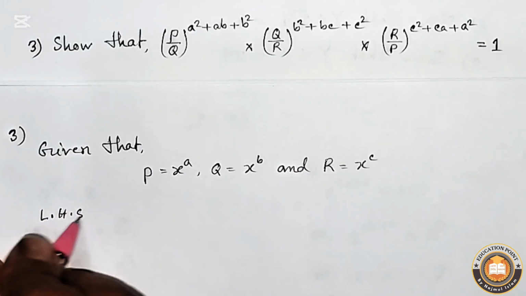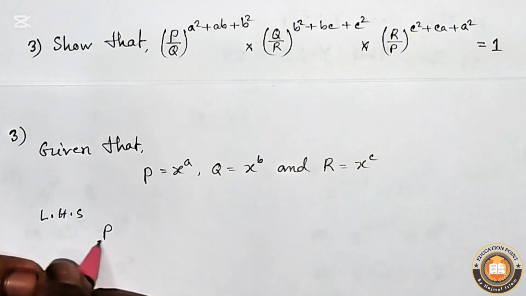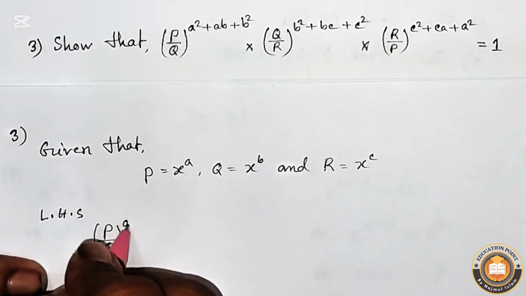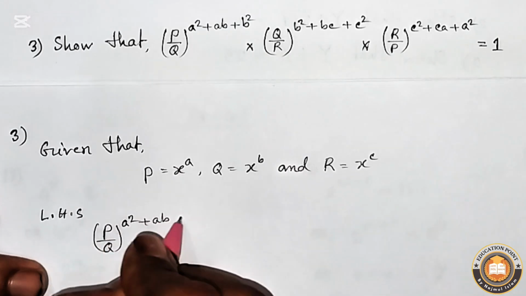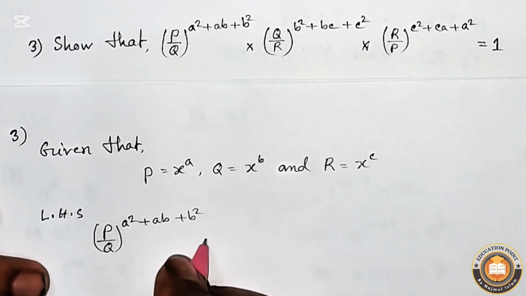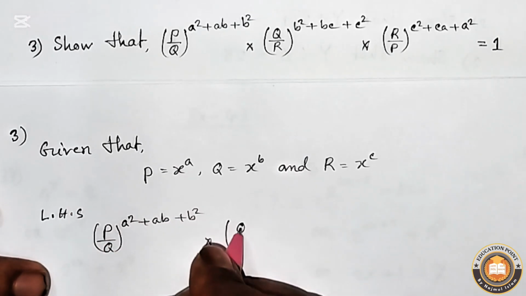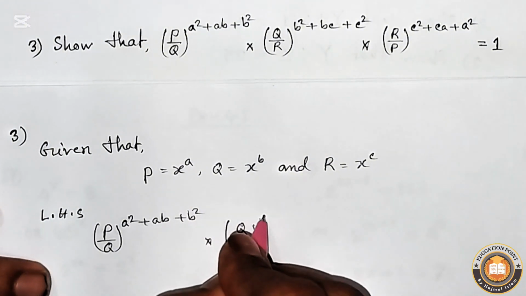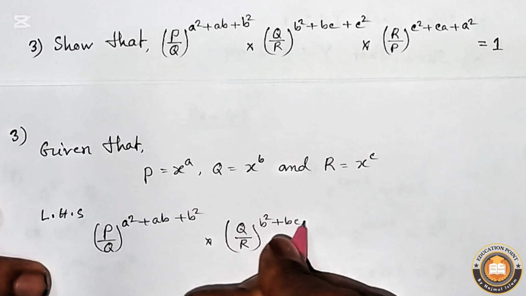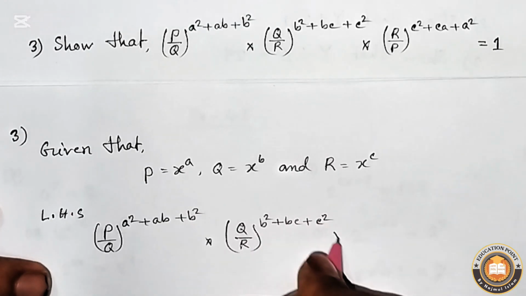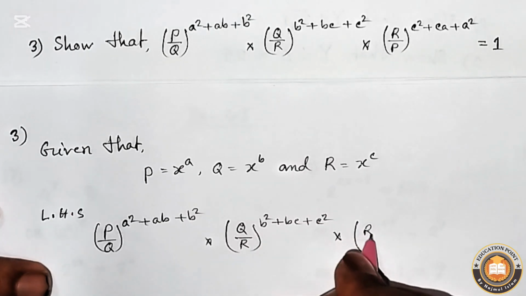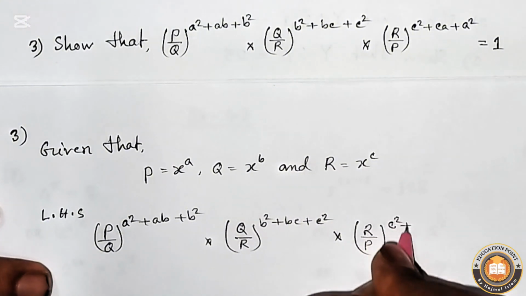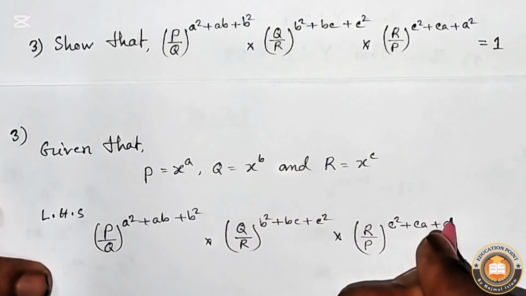Left hand side: (p by q) whole power a square plus ab plus b square into (q by r) whole power b square plus bc plus c square into (r by p) whole power c square plus ca plus a square.